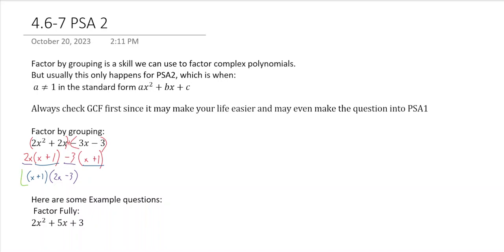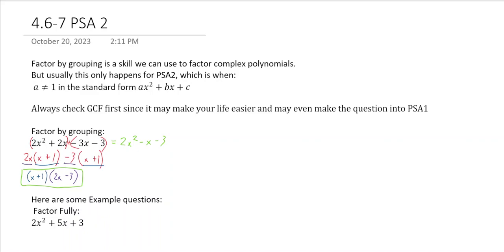So this is where we can leave it. On the other hand, if you were to put all of this together and you tried to factor this, you'd be stuck, right? With what you know so far with PSA 1, you can't factor it because this is a 2. So you're kind of stuck.